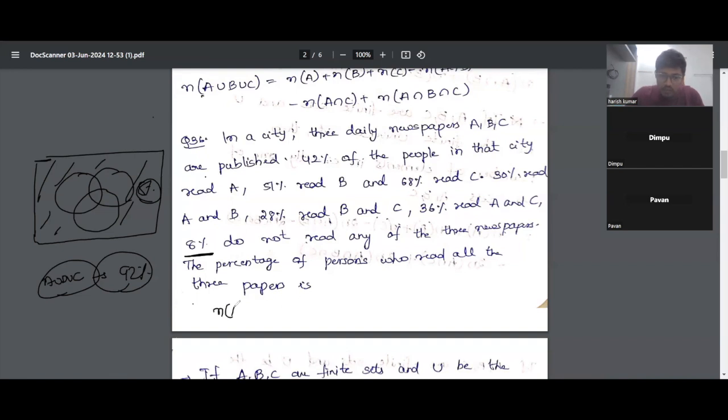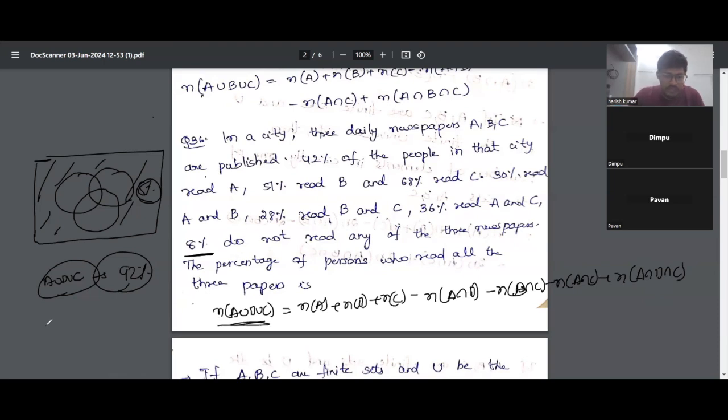Therefore, we use n of A union B union C equals n of A plus n of B plus n of C minus n of A intersection B minus n of B intersection C minus n of A intersection C plus n of A intersection B intersection C. So n of A union B union C is 92%.